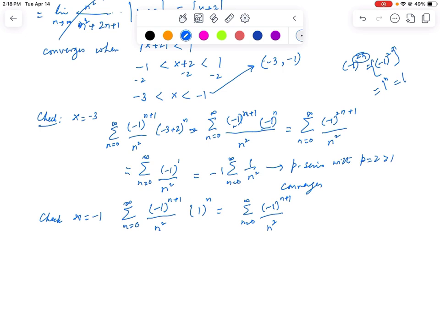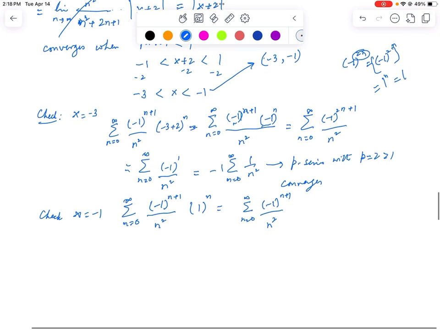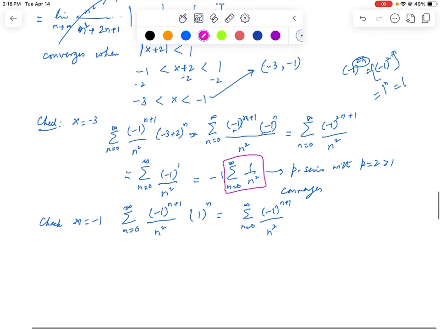Now notice that the previous case that we have dealt with is just the absolute quantity of this current series. So if you notice, this one is the absolute of this.